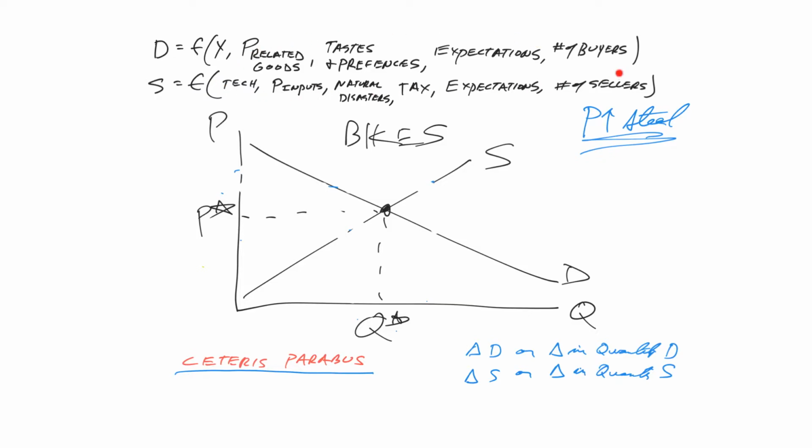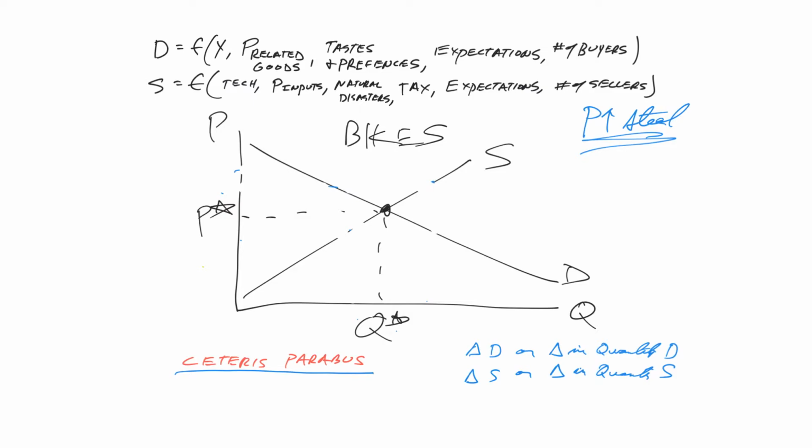So what over here? That would be the price of an input, right? Price of an input increased. That affects supply. So if the price of an input goes up, that increases production costs. Firms are going to produce less if their costs go up.